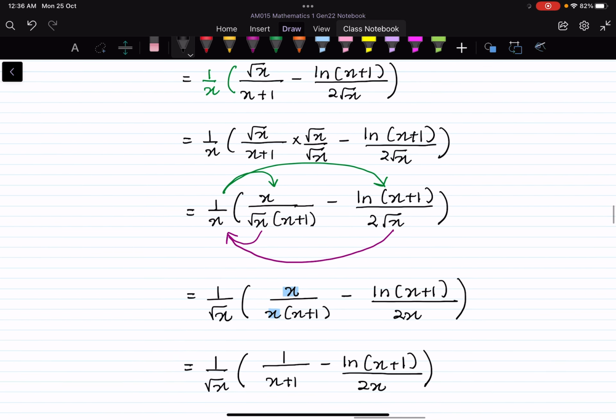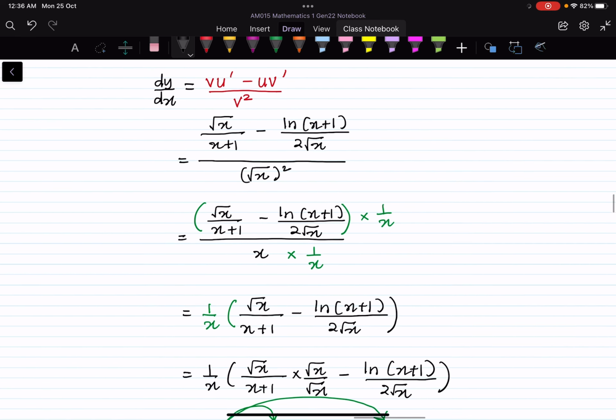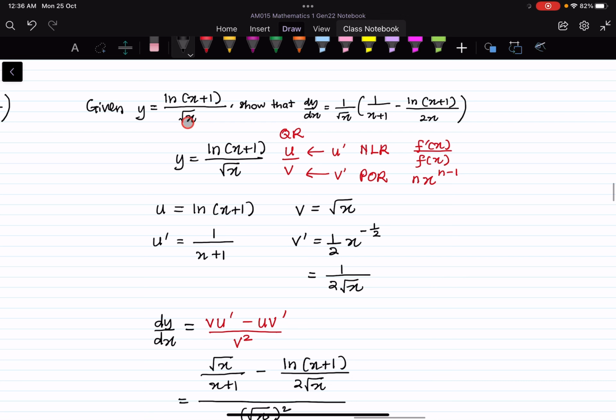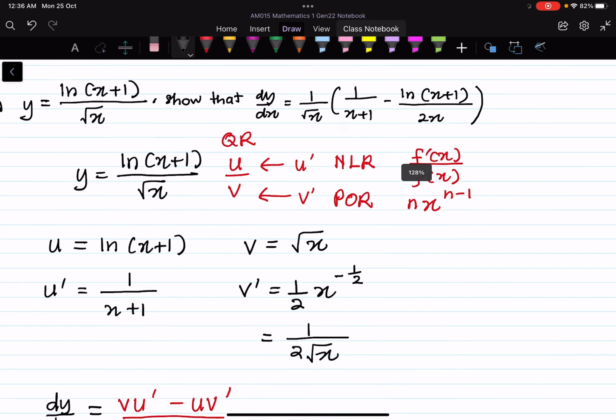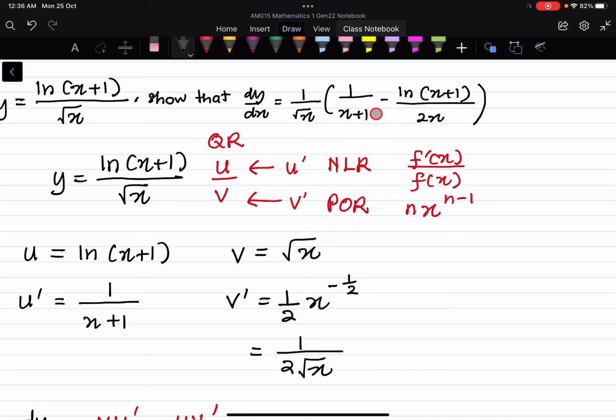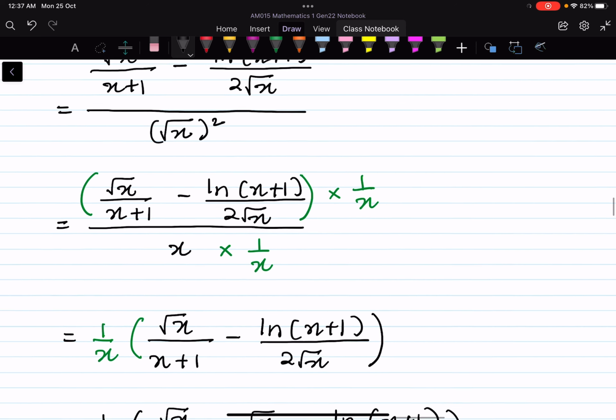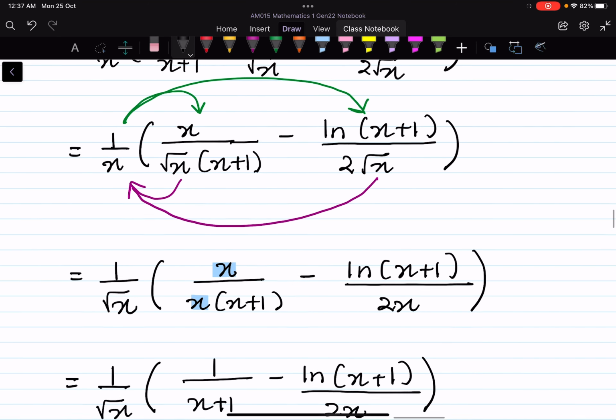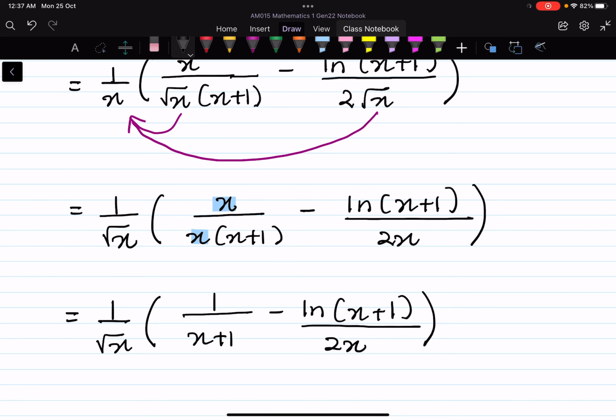So let us take a look again at what the question asked to prove: dy/dx equals 1 over √x times (1 over (x+1) minus ln(x+1) over 2x). So this is shown. That's it.